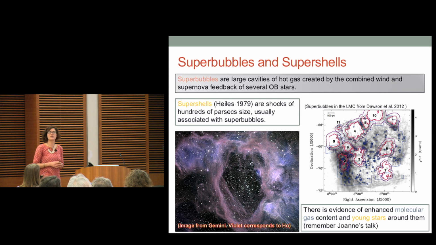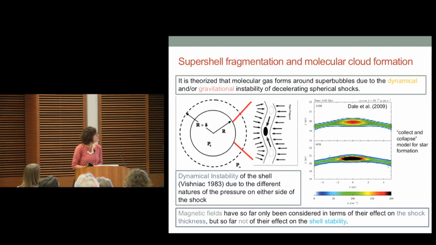Here I learned that they can come from different origins, which is a very interesting possibility as well. So these supershells are supposed to fragment dynamically and/or gravitationally and trigger the formation of molecular clouds or stars. And this is because they are often associated also in observations with enhanced molecular gas or star formation, as Joan presented yesterday, I think.